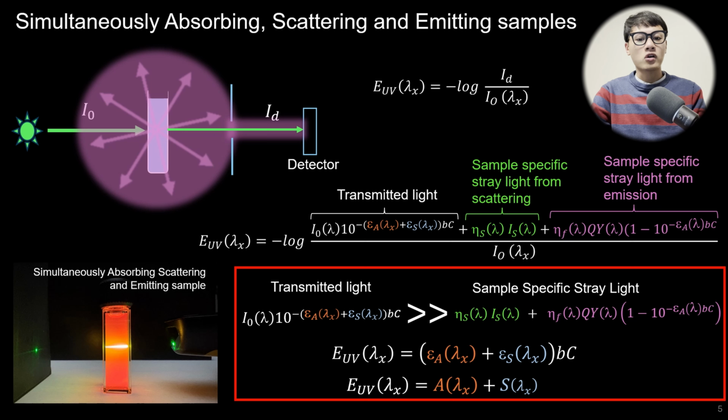However, as the concentration increases, scattered and emitted photons can significantly distort your measured extinction in a similar manner to the samples discussed previously. Therefore, the relationship between the sample concentration and the UV-Vis extinction becomes nonlinear at higher concentration, making it nearly impossible to interpret the spectrum.